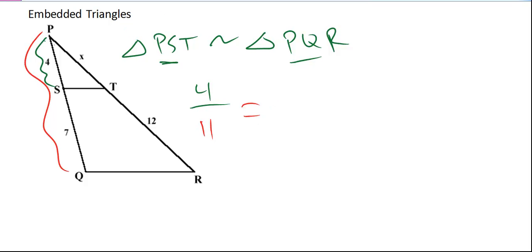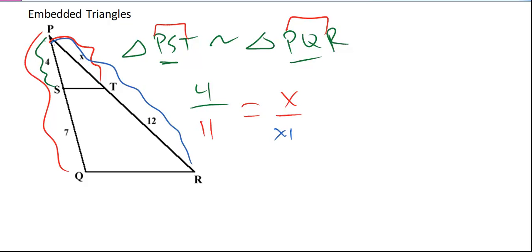So when I set up my proportion, then I go to PT, which is x over here, but PT corresponds with PR, which again is this entire length. It is not 12, it is x plus 12. Okay? And this is really critical. If I write 12 here, I'll get the wrong answer every time.